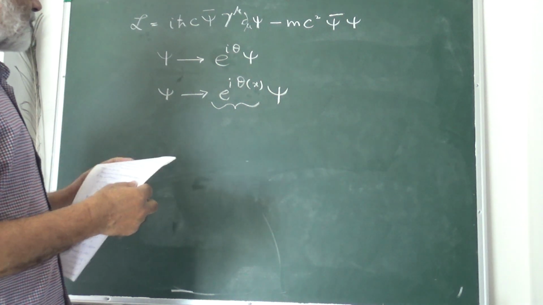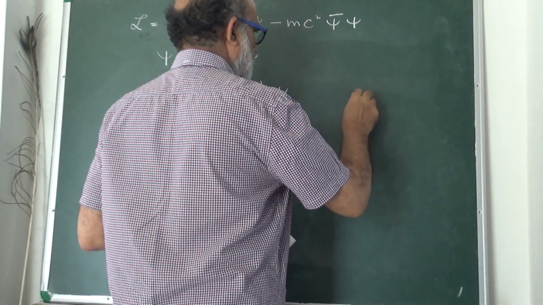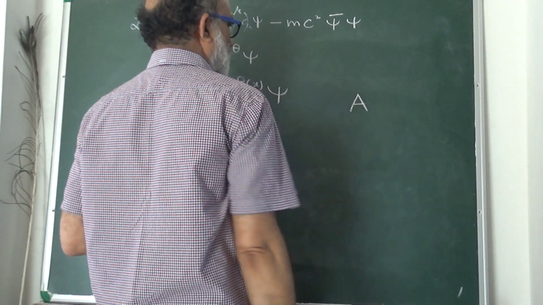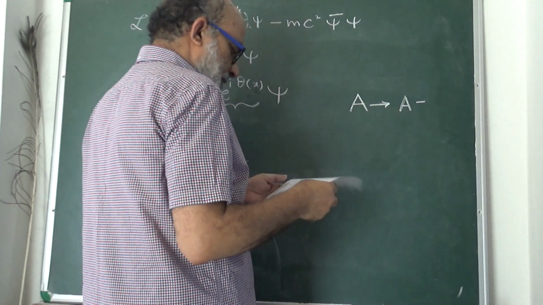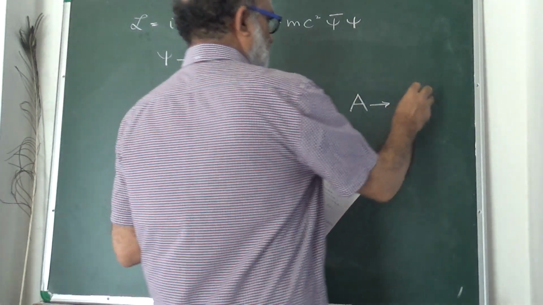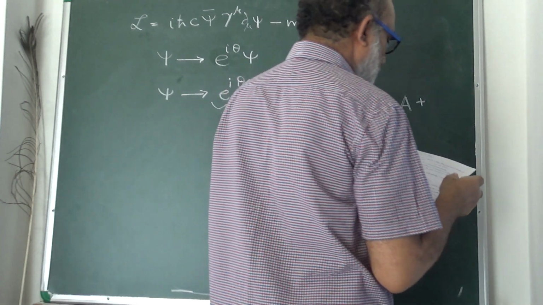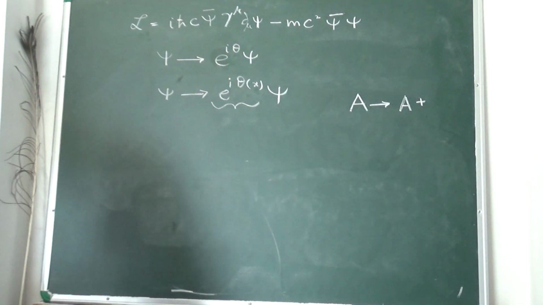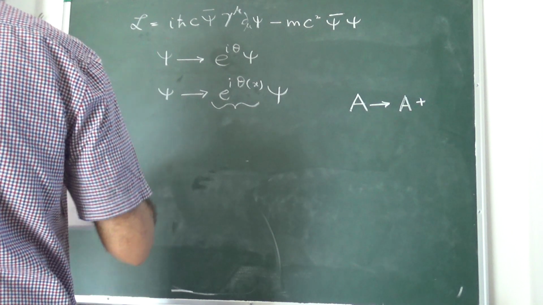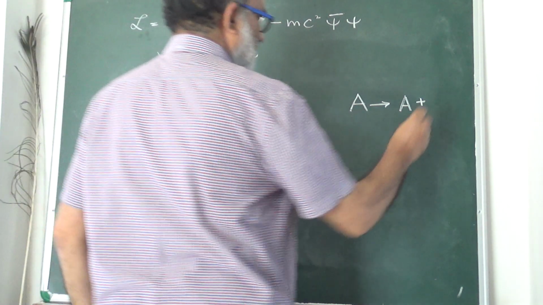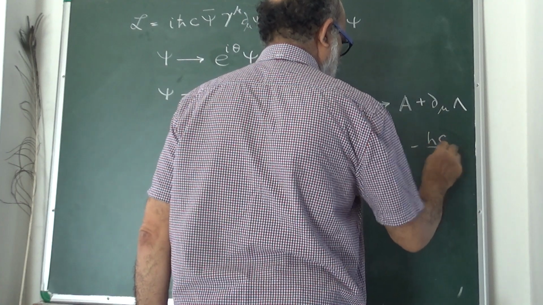Now we have also found that to make the Lagrangian invariant, we have to add another field A. It's called the electromagnetic field, which transforms as A plus the derivative of lambda, where lambda was minus ħc by q times theta.